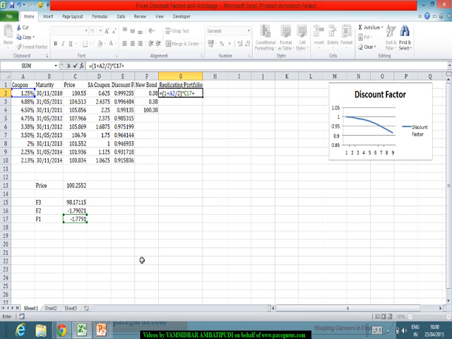Then similarly for the next one, it will pay only the coupon. So this much divided by 2 is what it is paying at the end of 6 months, and the face value of it is minus 1.79. Similarly, the third one is paying only the coupon on that particular day. The face value of it is 98.